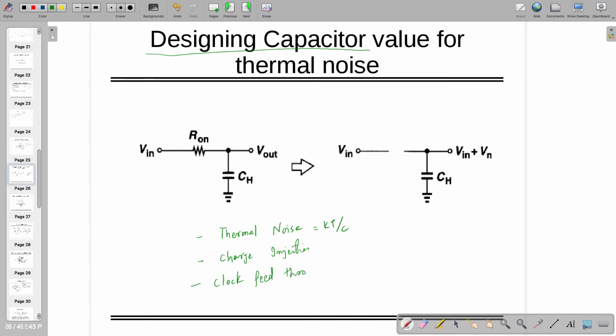So look at this, there is only a single switch and the capacitor is inviting this many problems. So when you are designing any switched capacitor circuit, we need to make sure that they have to be within your budget.